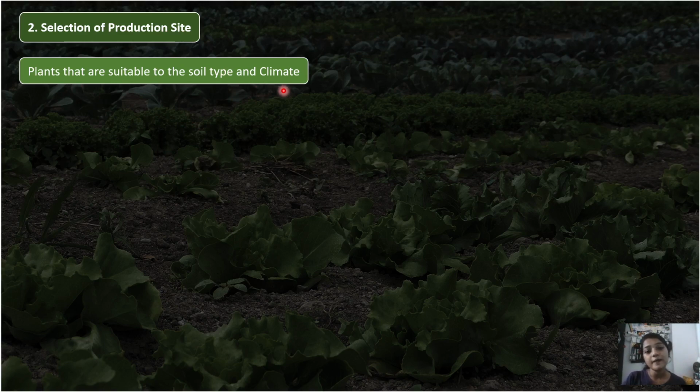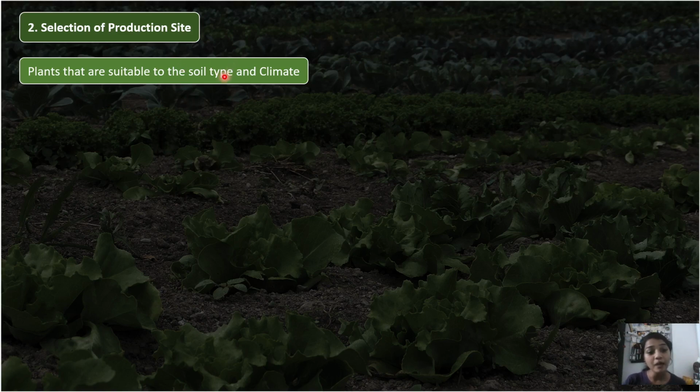For example, some plants will love to grow in black soil, some plants will love to grow in dry soil, some in wet soil, and some plants will love to grow in red soil.